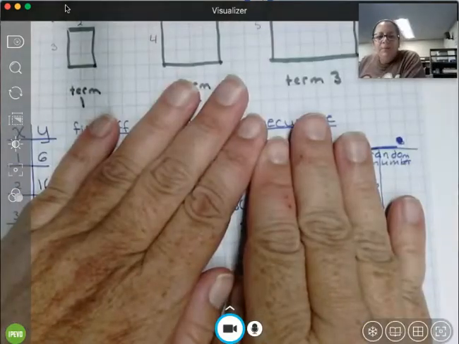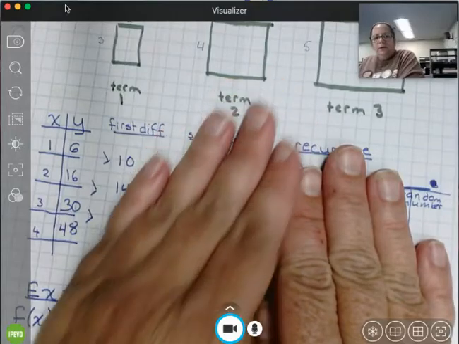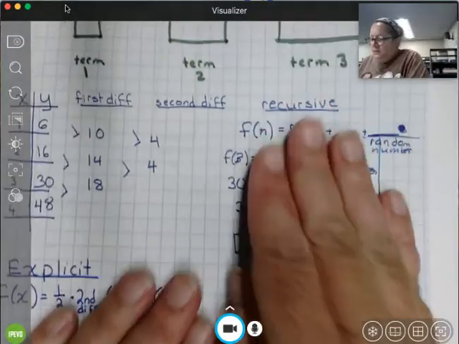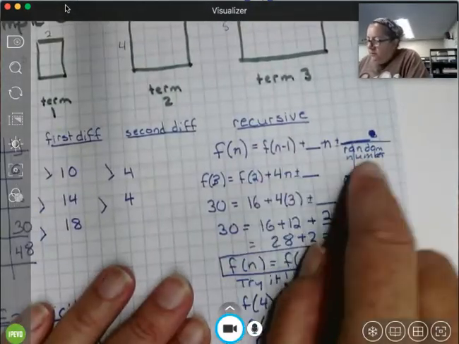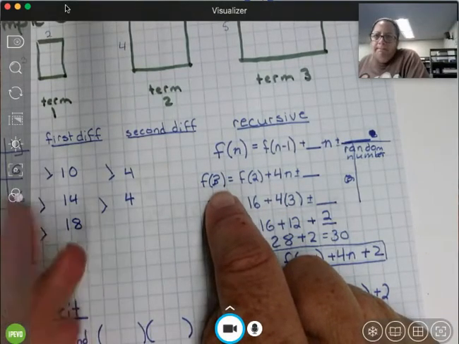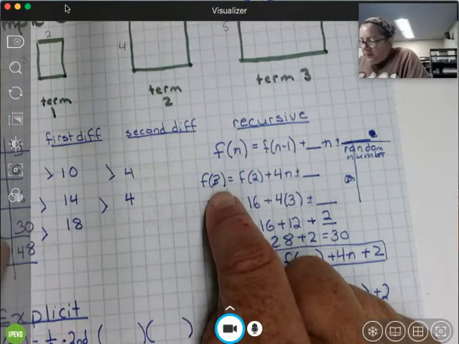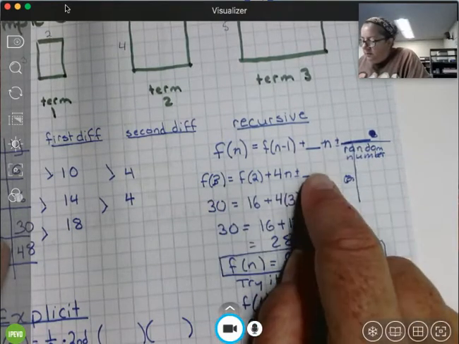Okay, if you're back, it's because you got your table, your first difference, your second difference. You wrote down your recursive, and I did f of 3. I'm going to talk you through just this one for one more chance for some help. I picked f of 3 to figure out the extra number.